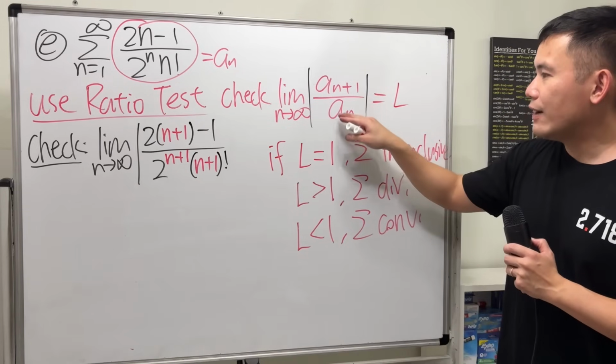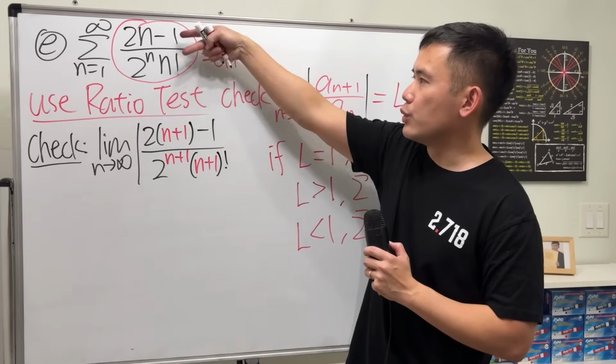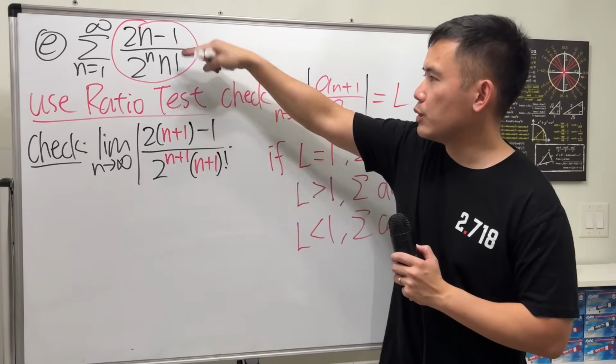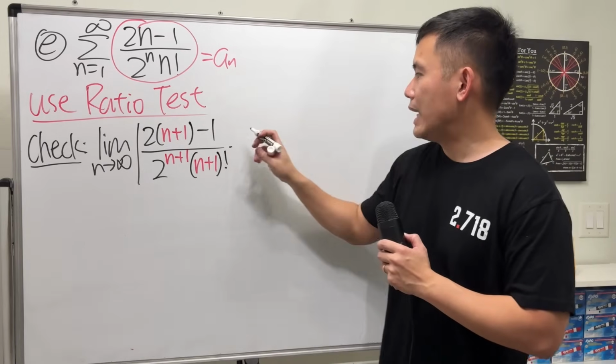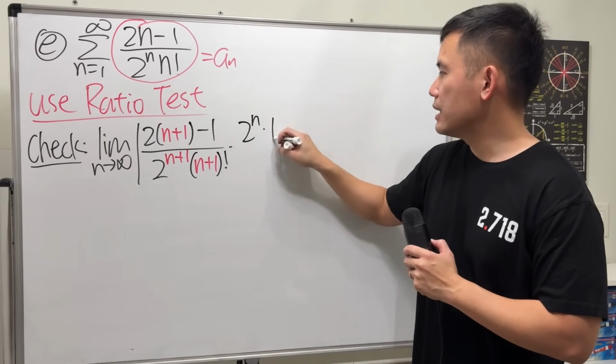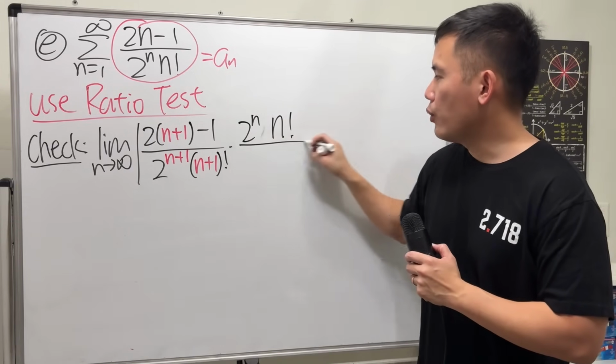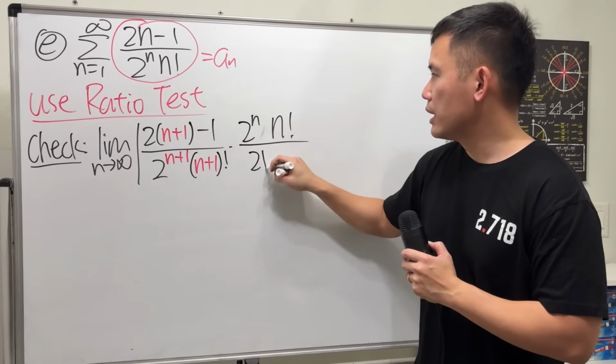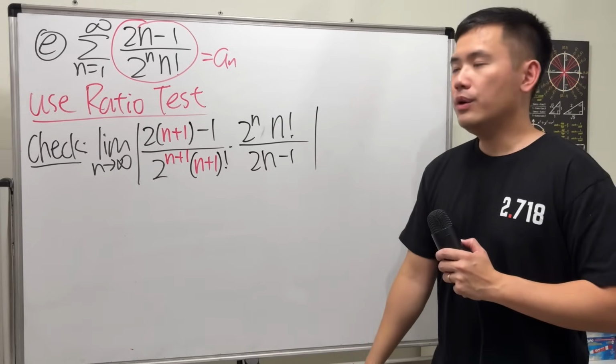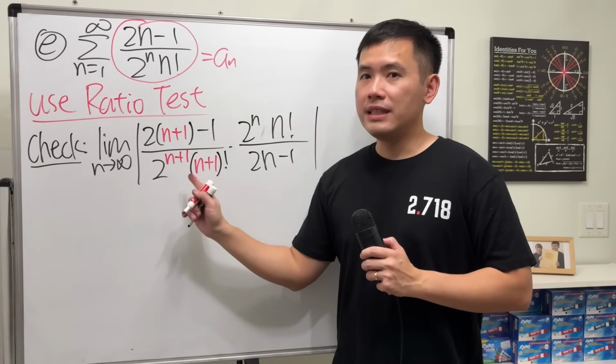Now, when we have 1 over a_n, we just do the reciprocal. So you multiply by the reciprocal, which is 2 to the n times n factorial over 2n minus 1.